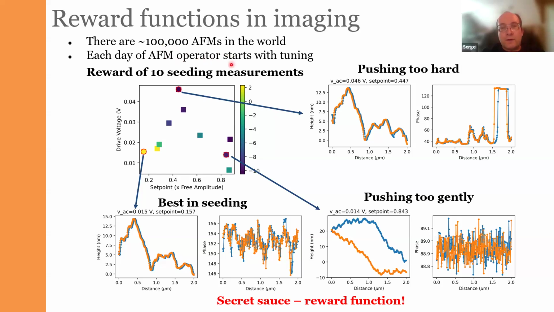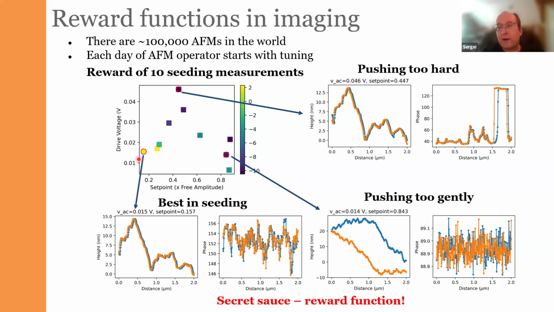So the most basic form of imaging in AFM is topographic imaging. You essentially want to scan the sample and get the profile. So we have a certain parameter space. We have the set point, how hard we push on our cantilever. We have a driving voltage, how much bias we apply to excite the cantilever. There are other parameters like different forms of gains in the feedback loop.